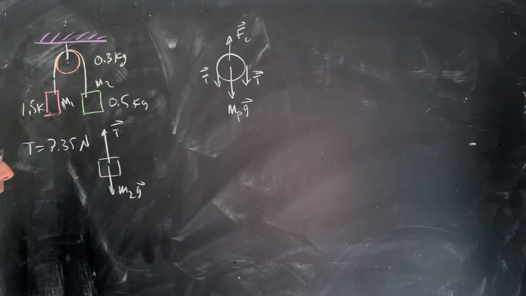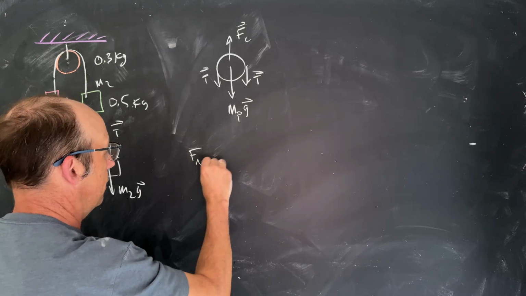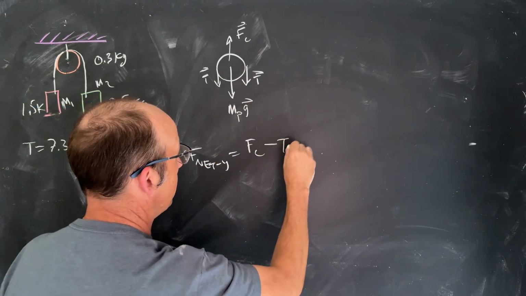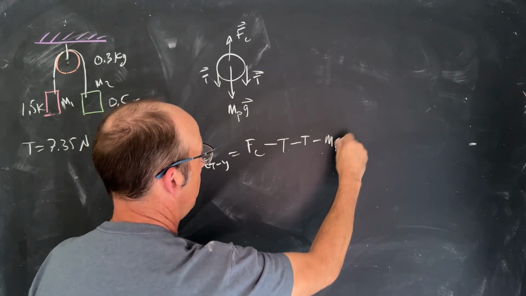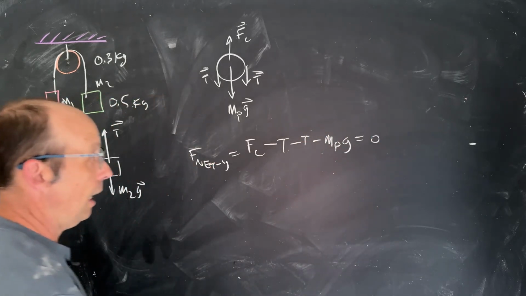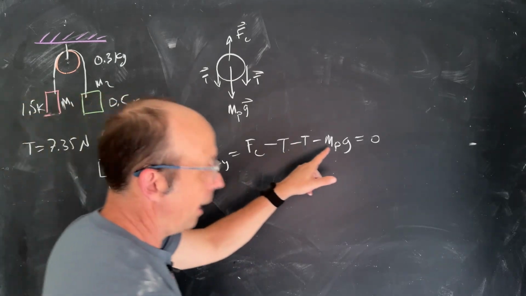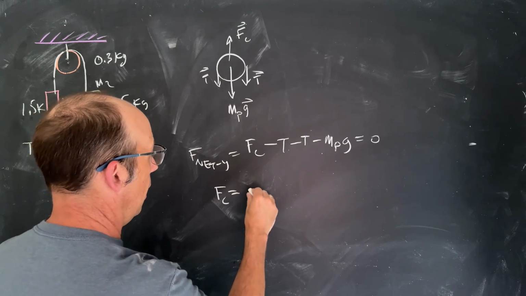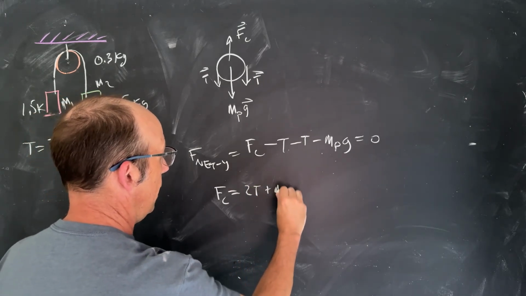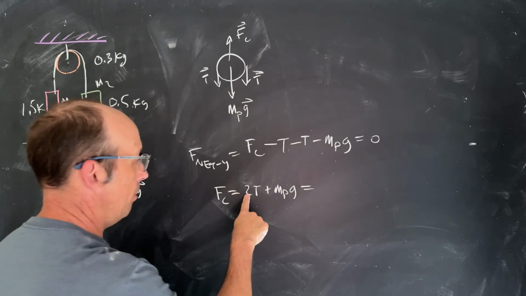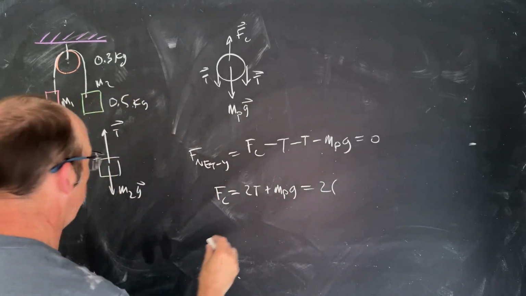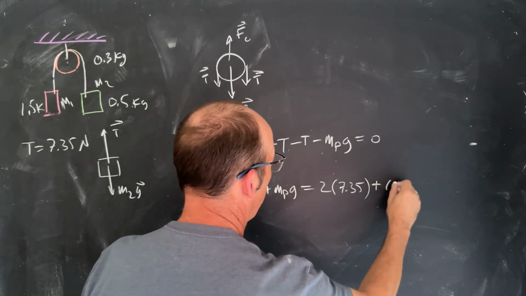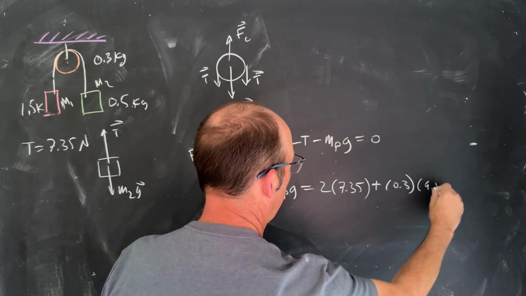And if the pulley stays at rest, I can say F net in the y direction is going to be the upwards pulling force minus T minus T minus m_p g equals 0. I know T, I know the mass of the pulley, so F_c is going to be equal to 2T plus m_p g, and that's going to be 2 times 7.35 plus 0.3 times 9.8.